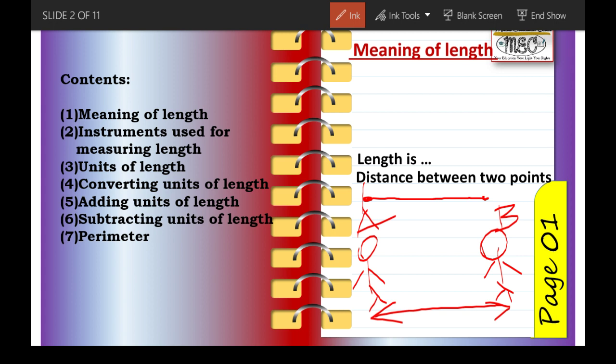So in this lesson, we will measure this length, or we measure the distance between two objects, 2 points, 2 people, using the units of length, using some instruments, using conversion. We will try now to gauge the relationship between one unit to another one.